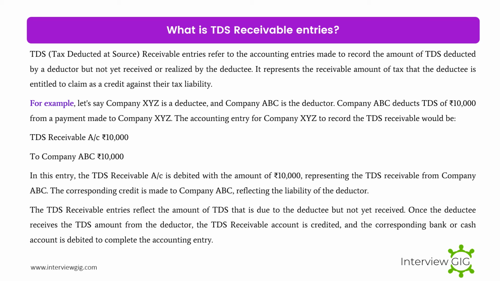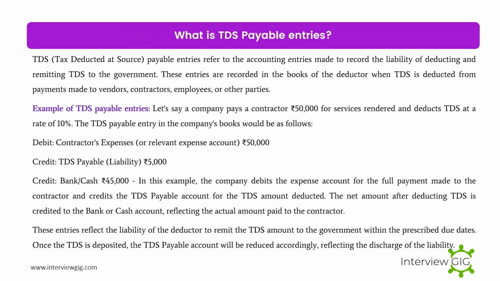The corresponding credit is made to company ABC, reflecting the liability of the deductor. The TDS receivable entries reflect the amount of TDS that is due to the deductee but not yet received. Once the deductee receives the TDS amount from the deductor, the TDS receivable account is credited and the corresponding bank or cash account is debited to complete the accounting entry.